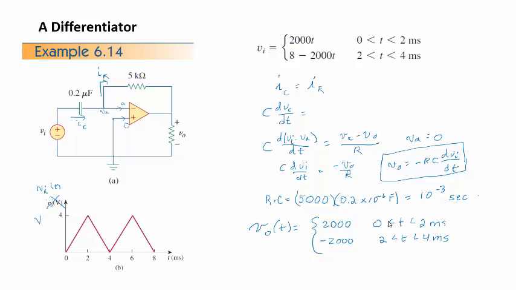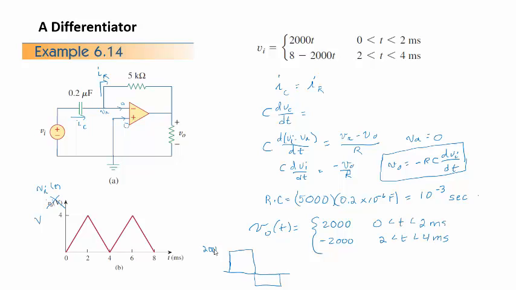So then it's just a matter of plotting that. If you plot that, it'll end up being on a different scale here. For the first time block, differentiating a constant slope gives a constant. Then differentiating a constant negative slope will be a negative value.